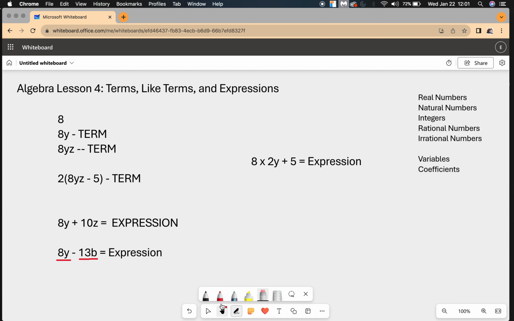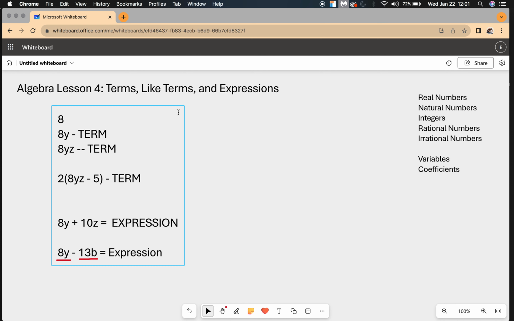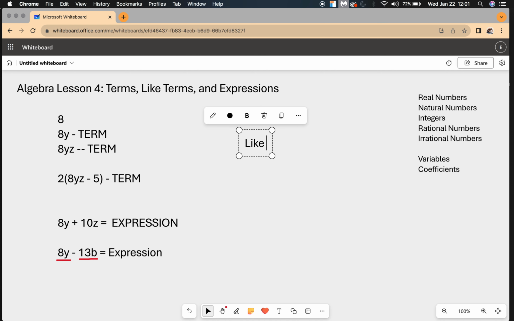But the other important thing that we can do once we have terms is we can add like terms. So a like term is a fancy word that means, in the textbook, they say anything that has the same last name, which is a way to remember it.